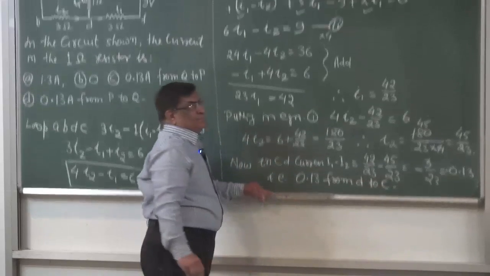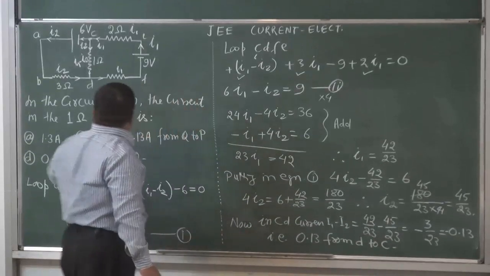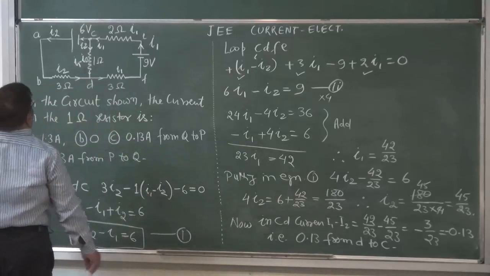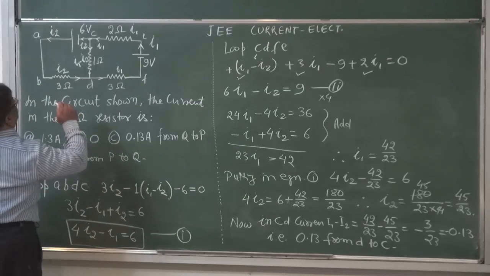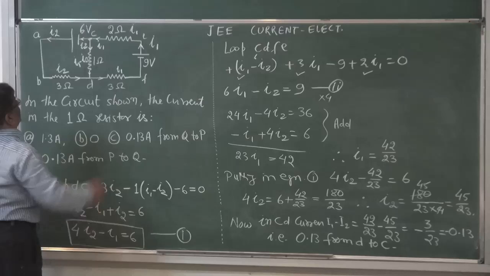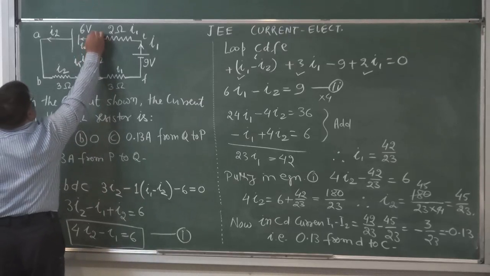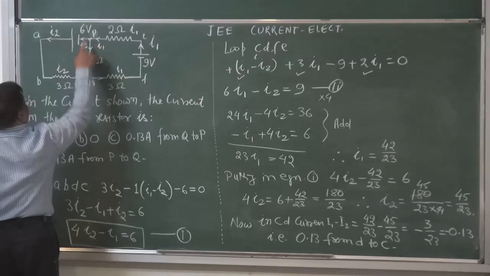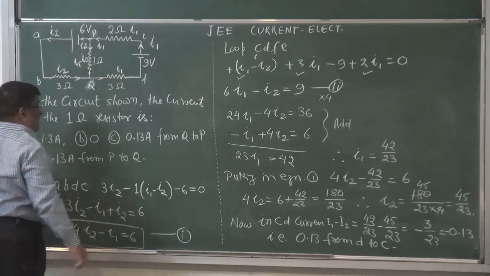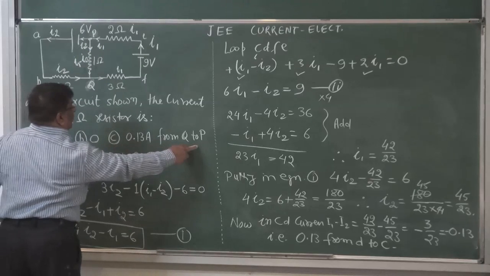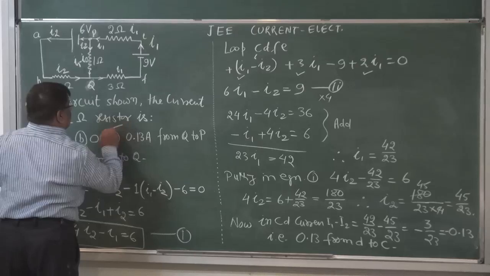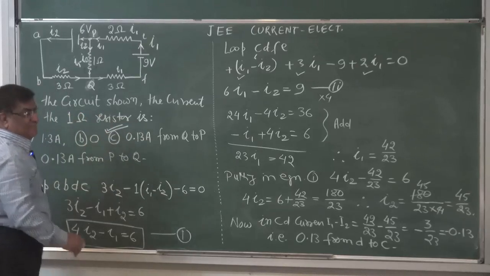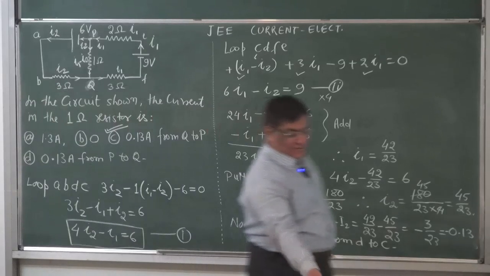So from D to C, or you can say, sorry, I should have taken it PQ. So is it from P to Q or Q to P? The answer is from Q to P. So this is the right option. Okay, let me see the question.